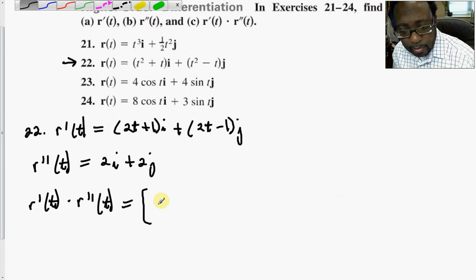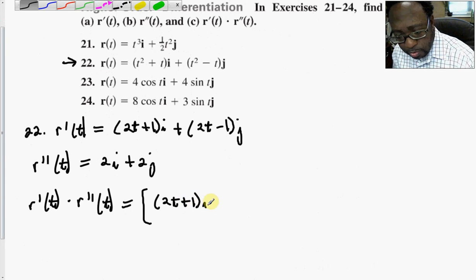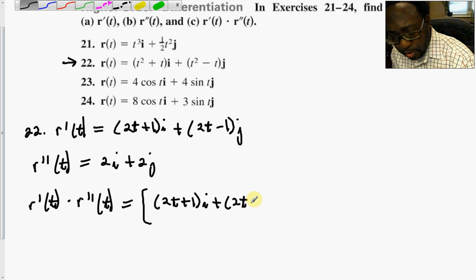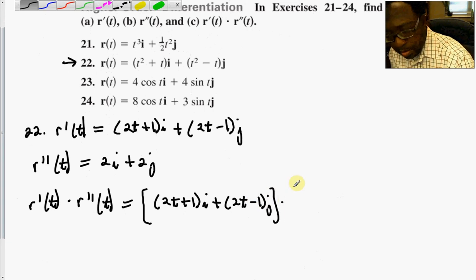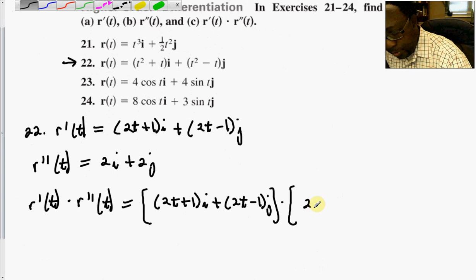So r prime is 2t plus 1 i plus 2t minus 1 j, dot product with the second derivative, 2i plus 2j.